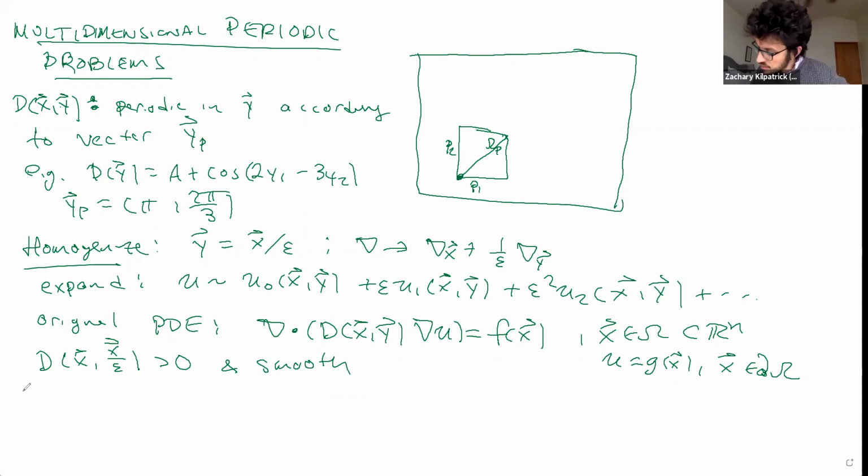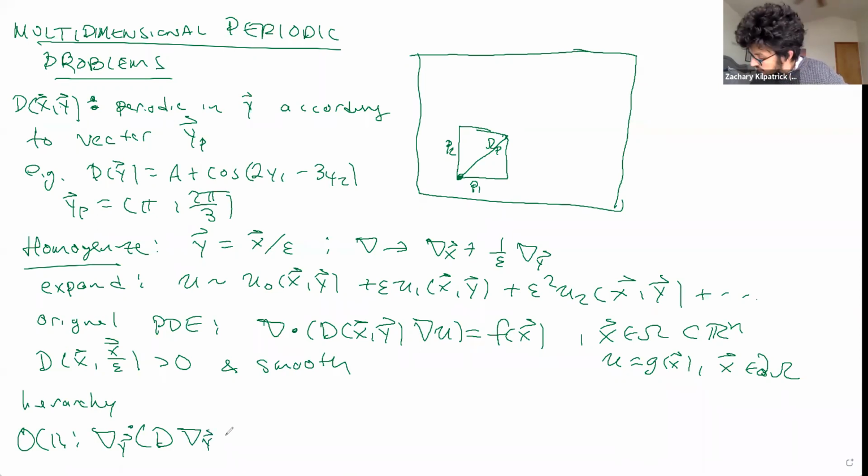So what we found in our hierarchy is that to order 1, we have the divergence with respect to y of D gradient y u0 is equal to 0.